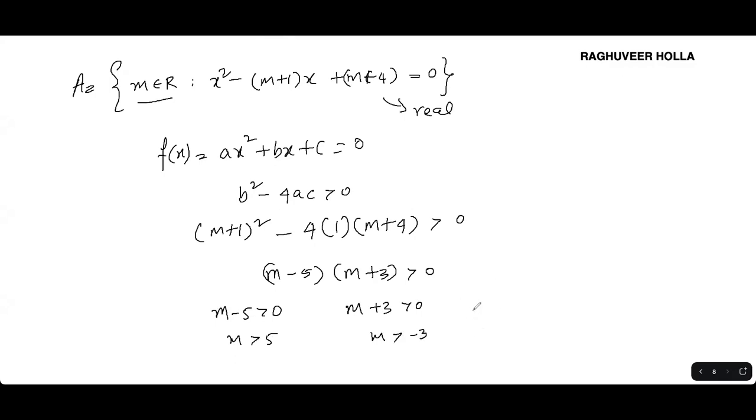So we got this here. And also B, which is minus 3 comma 5, right? So now in the option which is A union B, this belongs to which is not true.